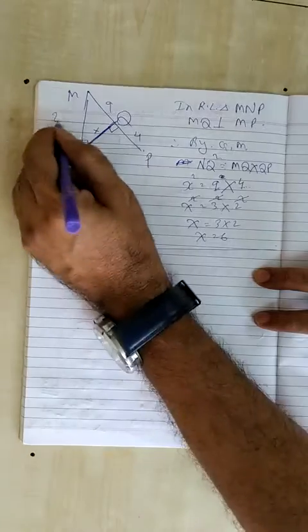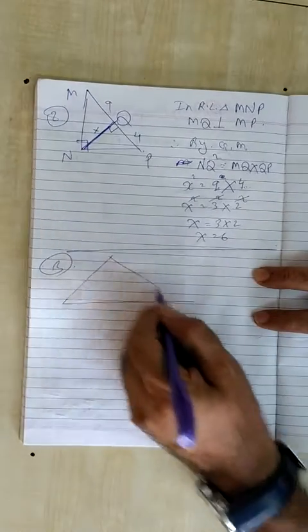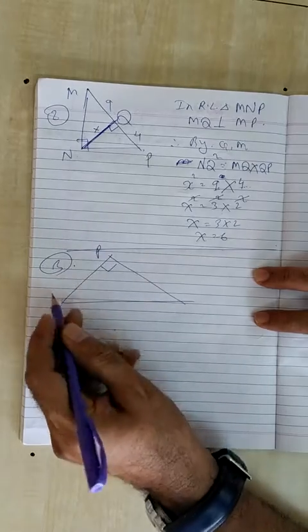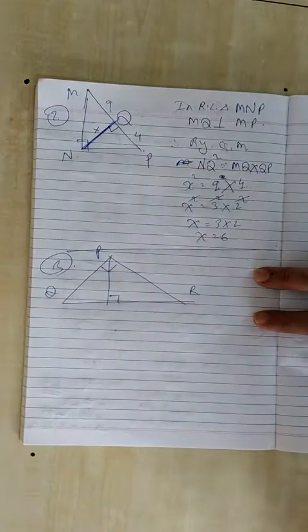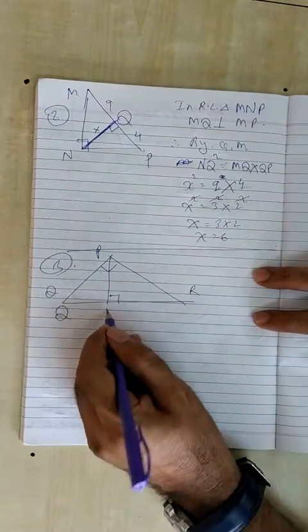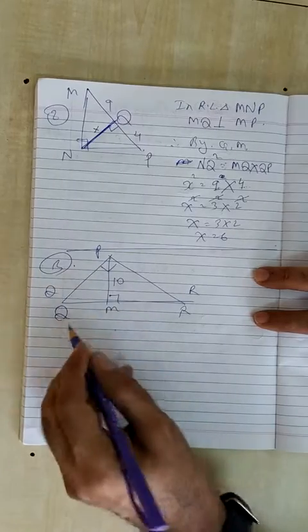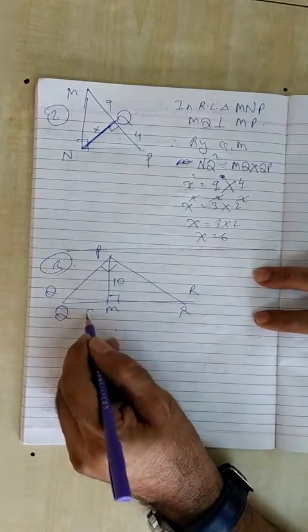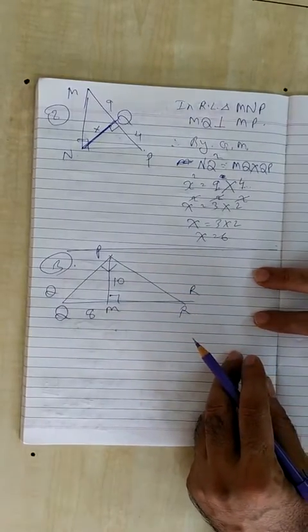Second, it is the third problem. PM is given 8, PM is given 10, QM is 8.